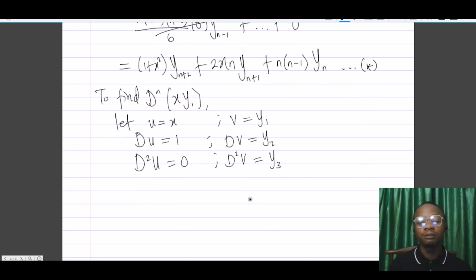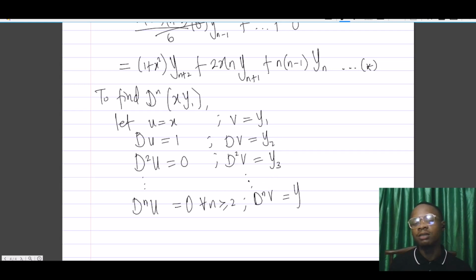So basically, every other thing will become 0, so we can say the nth derivative of u will be equal to 0 for all n greater than or equal to 2. And for this also, we identify that the nth derivative of v, you can see in all cases, this was 1, this increased by 1, this was 2, this increased to 3.